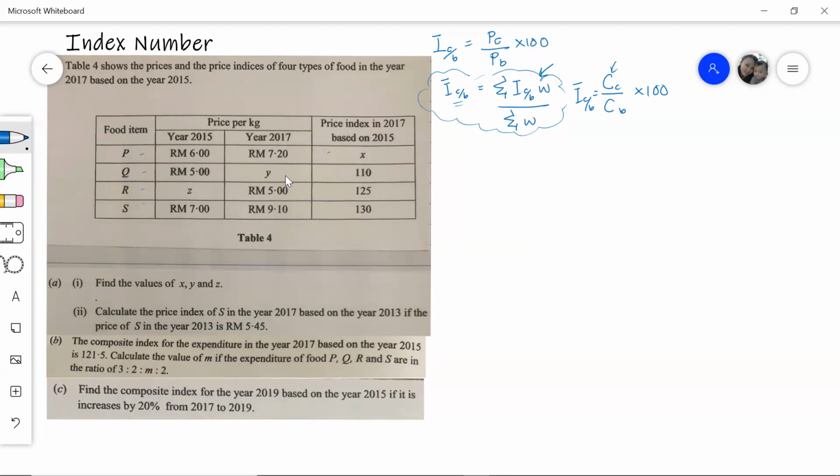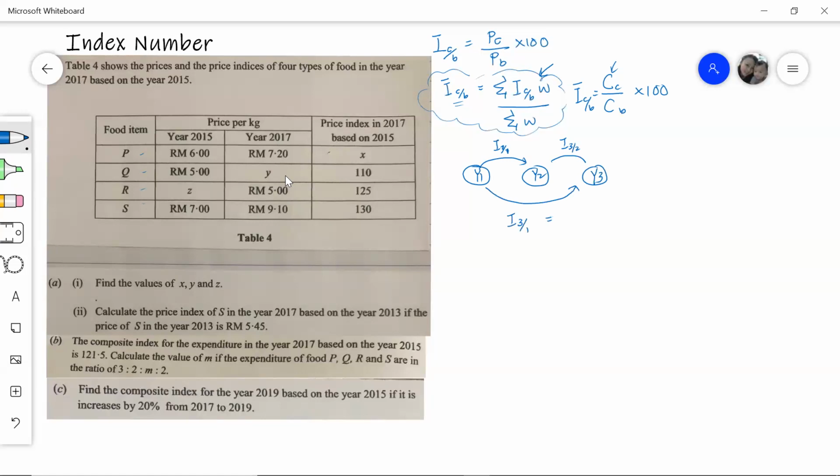All right. And the third important thing is that during this price index topic, normally they will ask about the relationship between 3 years. So if you see the price index that involves 3 years, whereby you have year two based in year one, and then we have the price index year three based in year two, and then they will want you to find the price index to compare year three over year one.